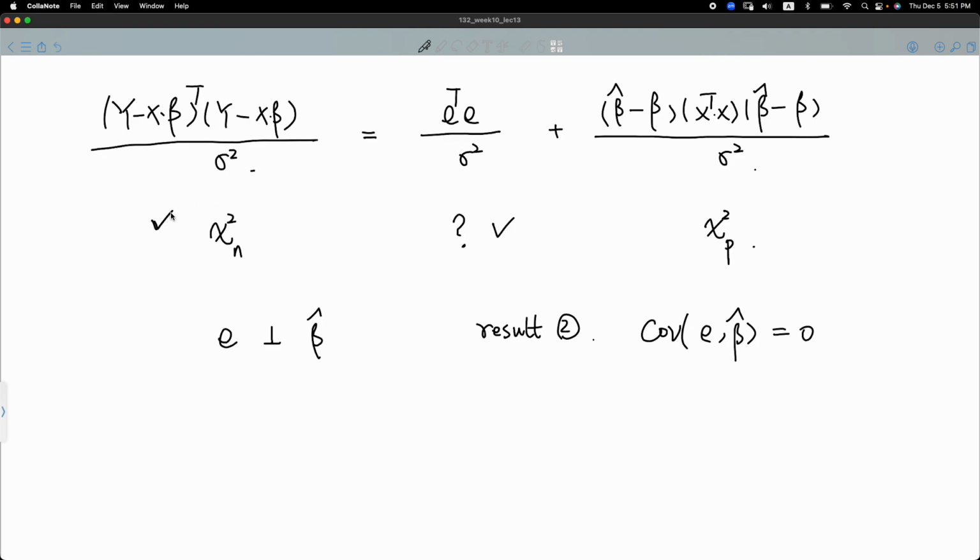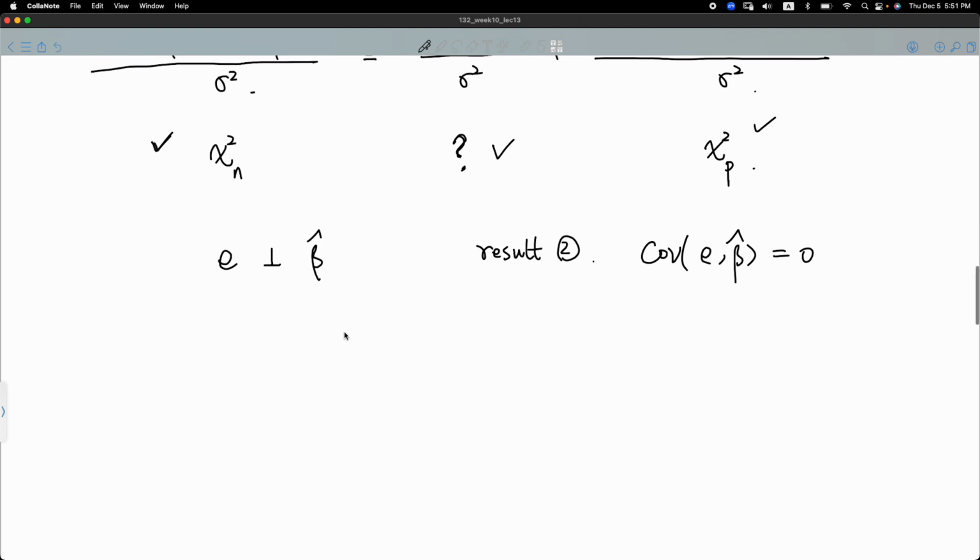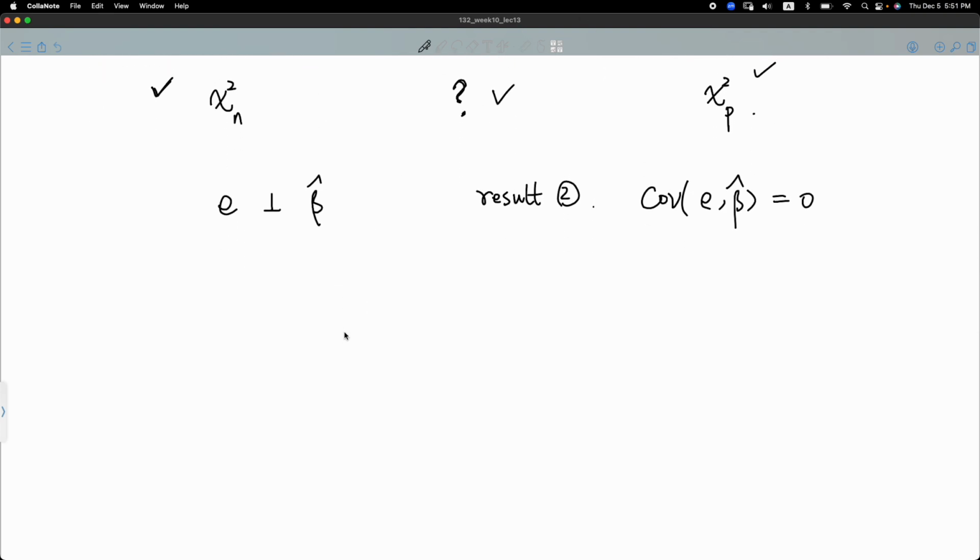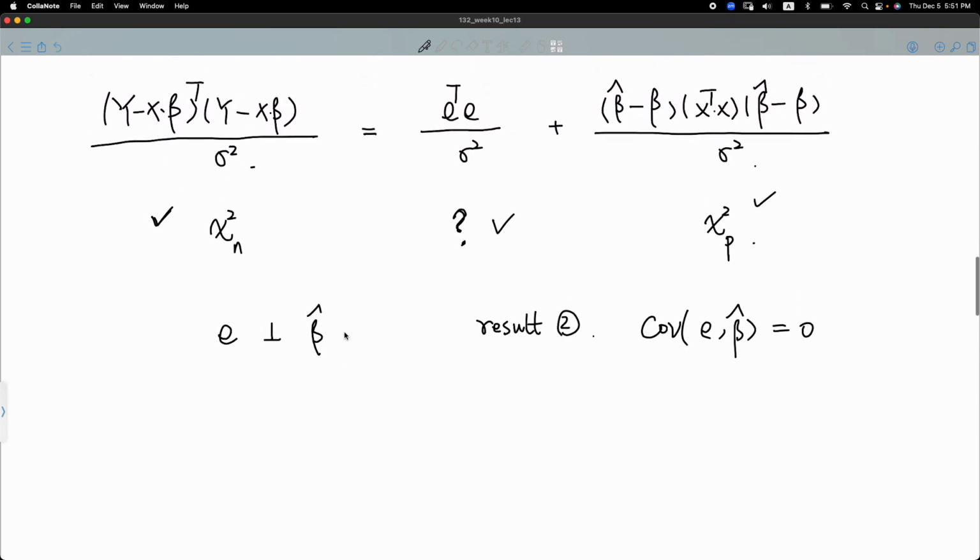So we know that the sum of them follows a chi-square, and one of them follows chi-square, so this one should also follow chi-square, since they are independent. To get the degree of freedom for this chi-square distribution, one way to do it is to calculate it through the moment generating function.